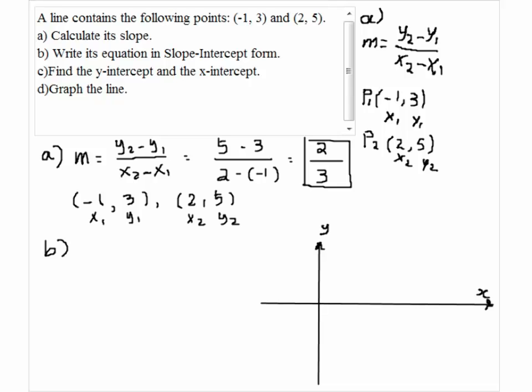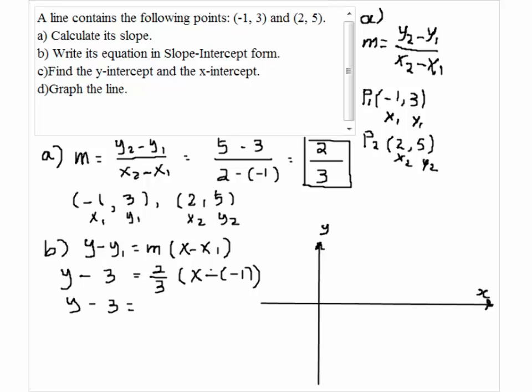Write its equation in slope-intercept form. Since we know the slope and are given a point, we are going to use the point-slope formula to construct the equation. So y minus y1 equals m times x minus x1. So the equation becomes y minus 3 equals m, which we found to be 2/3, times x minus x1, which is -1.